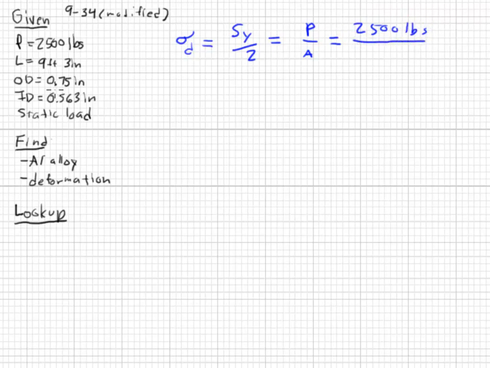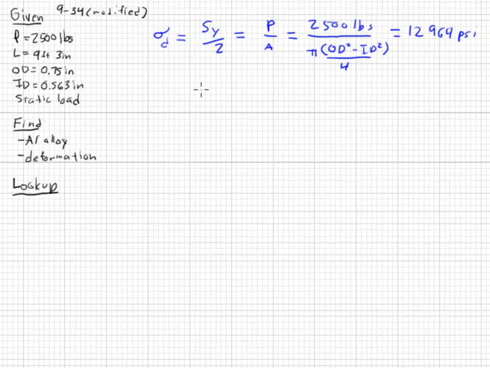Now we've got the OD and the ID, so the area is pi times the OD squared minus the ID squared, all over 4. If I plug those numbers in, we end up with 12,964 psi, and that is our design stress.